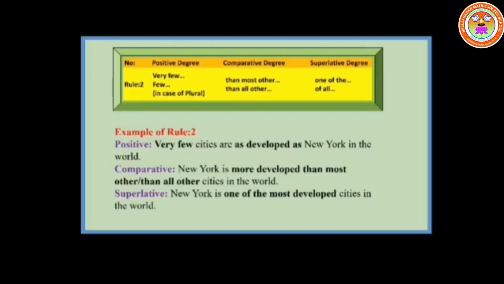Besides, the object word New York in the positive has become the subject word in the comparative and superlative. See how the transformation has happened. Finally, you see that the form of verb is plural in this rule. The subject has turned to object and the object has turned to subject. This is the transformation that has taken place.